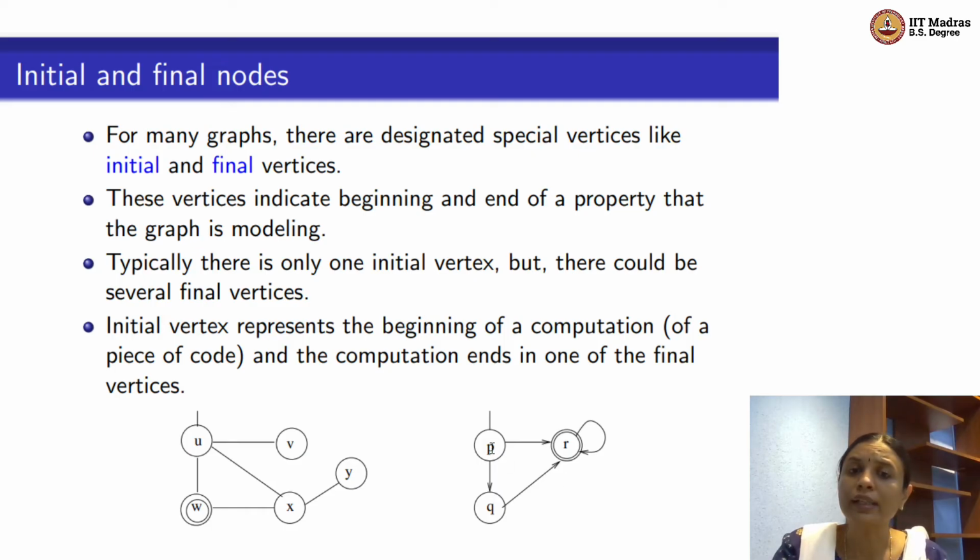Suppose I say, is vertex r reachable from vertex p? What is your answer? The answer is yes, because I can find two paths. One is the direct edge from p to r, which is also a path. The next is the edge from p to q and q to r. Is this clear? So, that is the notion of reachability.